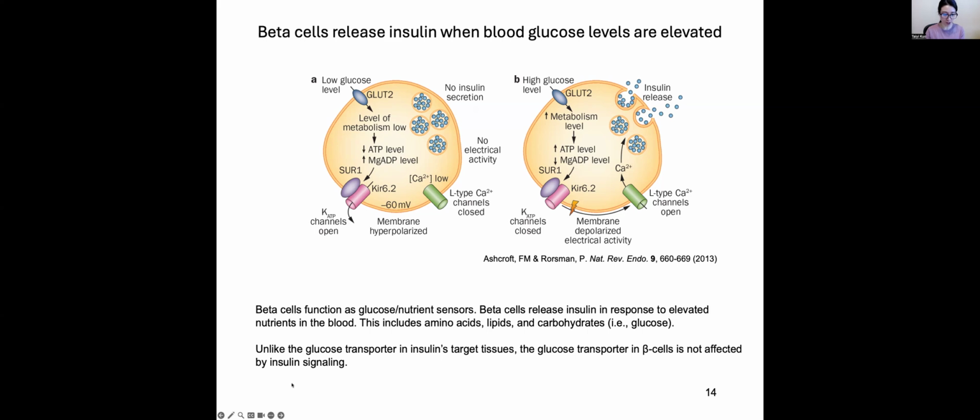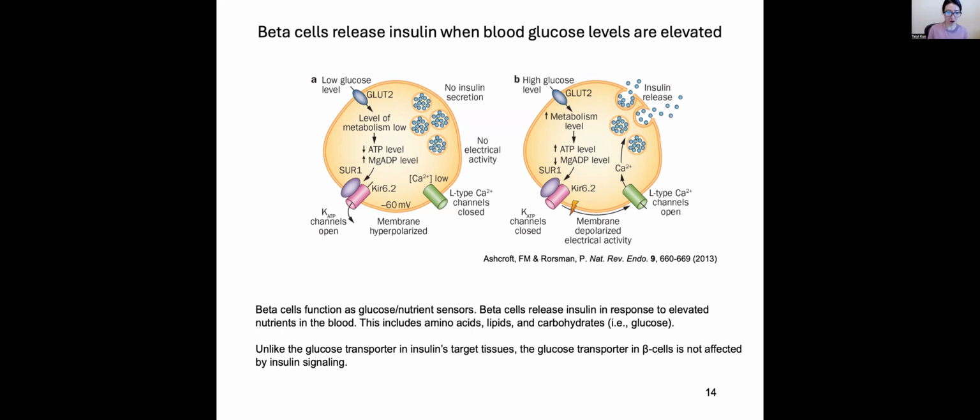One thing I want to mention is that unlike the glucose transporter in insulin target tissue, such as skeletal muscle and adipose tissue, the glucose transporter in pancreatic beta cell is not affected by insulin signaling, meaning their GLUT2, which is a glucose transporter, doesn't need to be mobilized. They are always on the pancreatic beta cell surface.